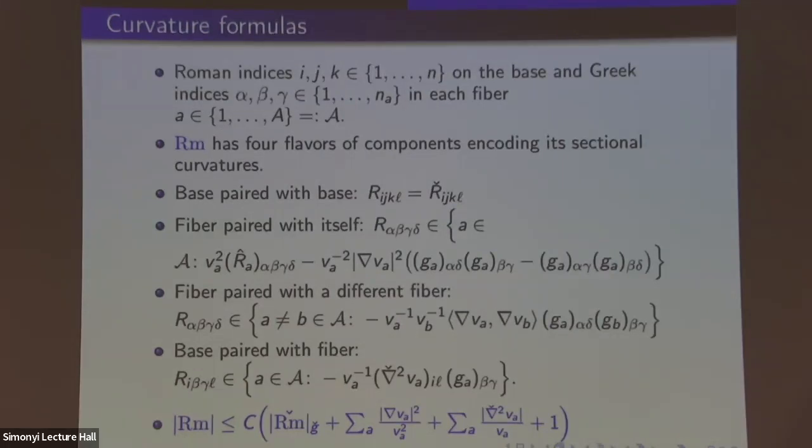So from here, you can easily see that in order to control the norm of the Riemannian curvature, you need to control the norm of the Riemannian curvature on the base, and then these terms here, like the first derivative of v and also the Hessian of v, appropriately scaled.